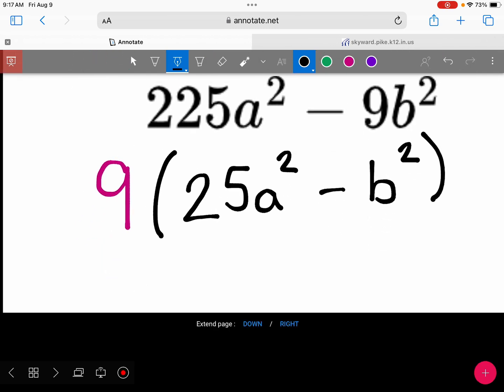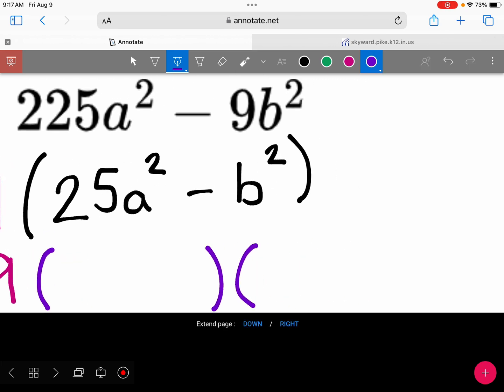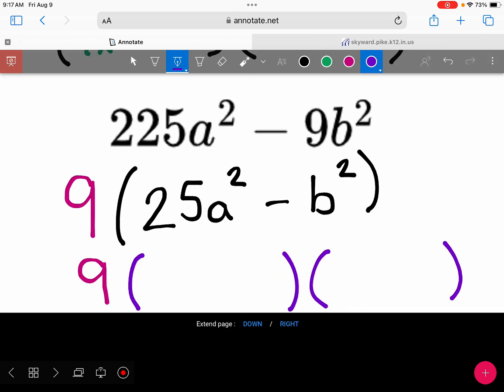So what is our factored form going to be? Can we spot it from here? What's going to go as the first piece in my factored form? 5a. The square root of this first term is 5a.